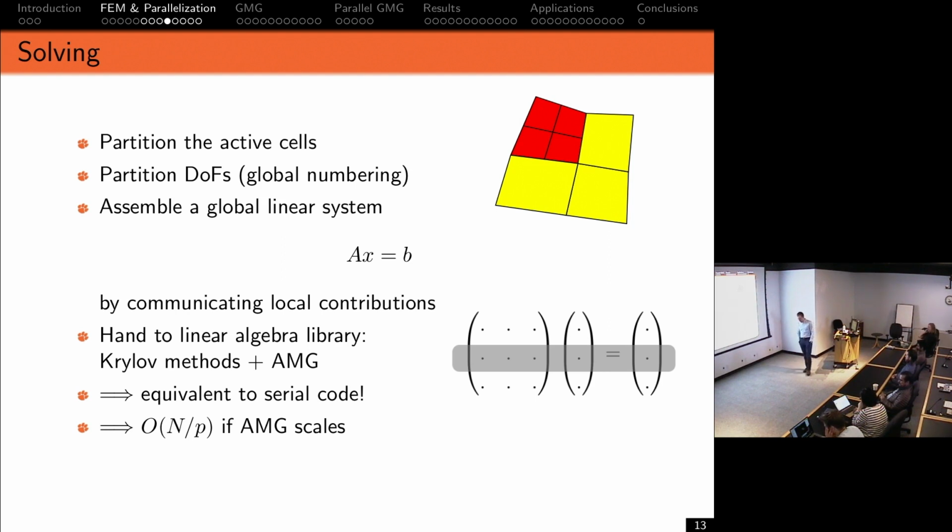So if you read up on the conjugate gradient method, you basically need scalar products and matrix vector products. Well, guess what? You can also do them in parallel, right? So you can run a CG, which is equivalent to running it in serial, on as many nodes as you want. The only bad news is that you need a preconditioner for that, right? Iterative methods without preconditioners don't work. And so I guess that's the struggle.